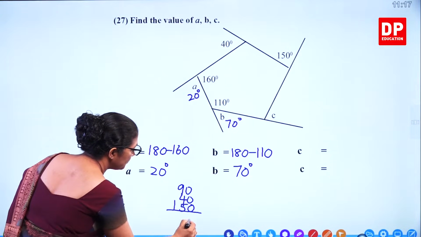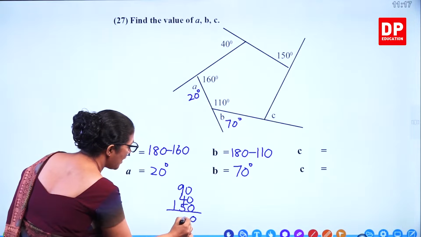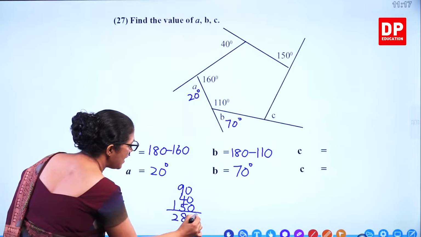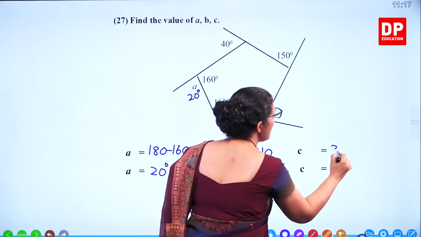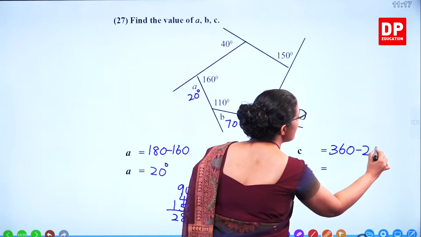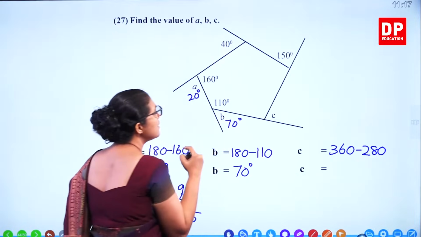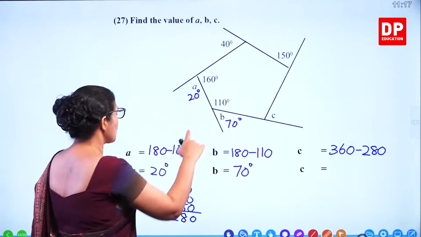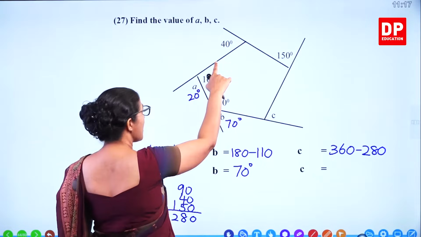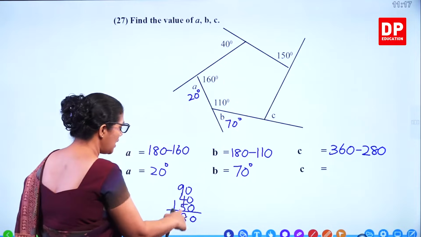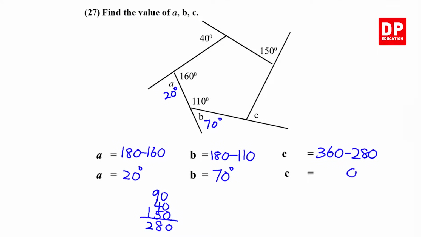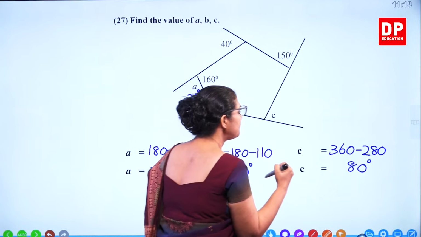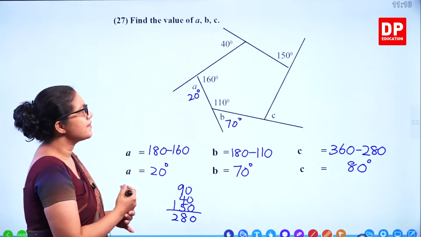What's the sum? 280. So 360 minus 280 gives you the C angle. So 70 plus 20, 90. 90 plus 40 and 150, you get 280. So subtract now: 80 degrees. So C is 80 degrees.